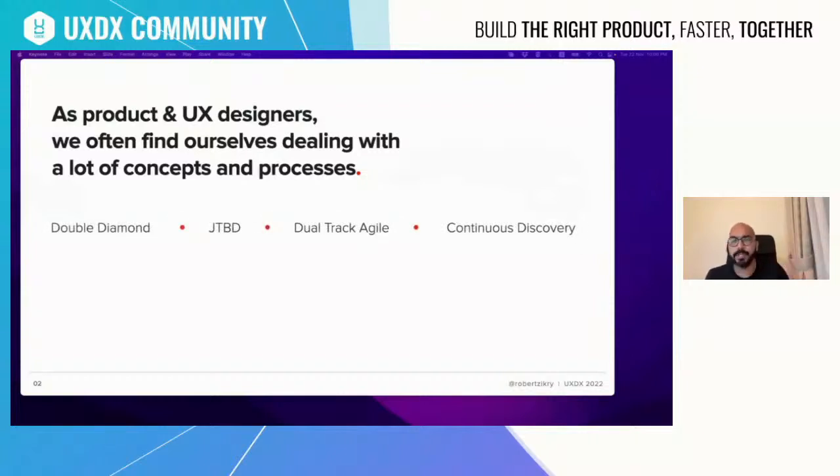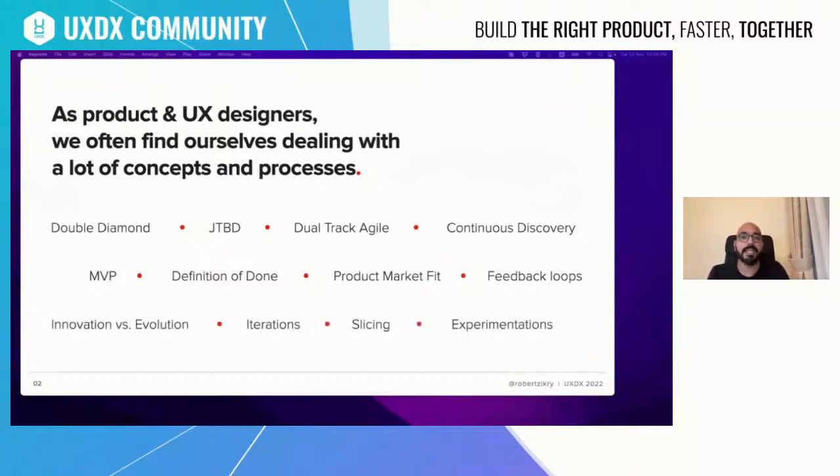The double diamond, the jobs to be done theory, continuous discovery, definition of done, product market fit, feedback loops, and many, many more other concepts that are necessary to how we produce products that are relevant for our customers.